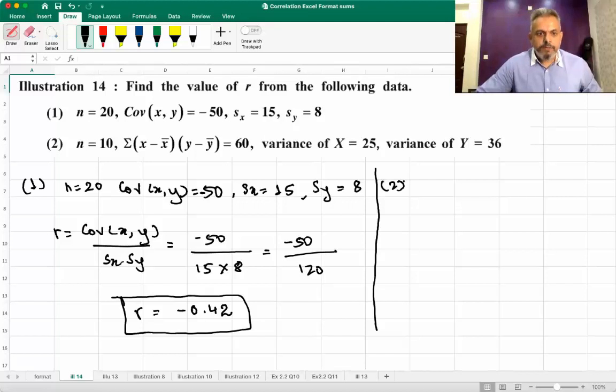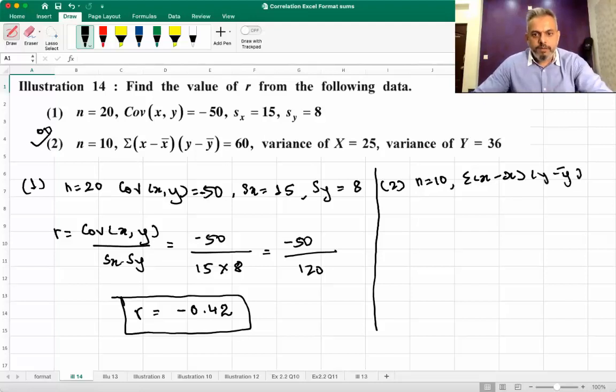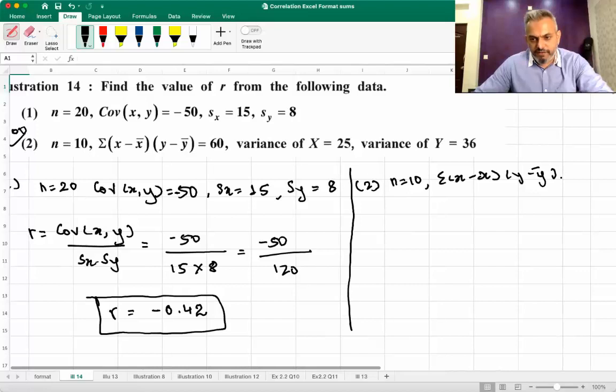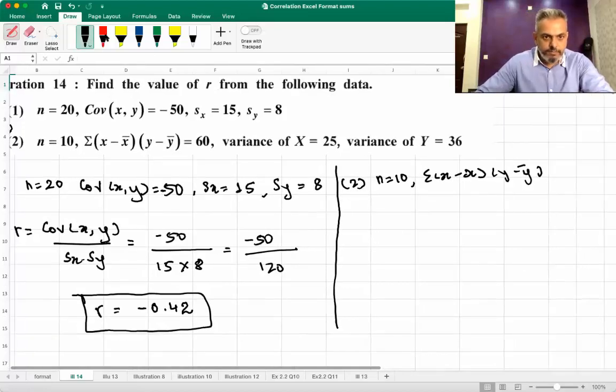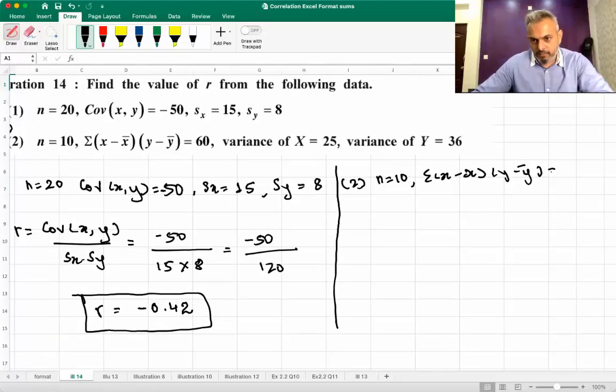Second one. N is equal to 10, sigma x minus x bar, this is a little tricky, so pay attention. Y minus y bar is equal to 60. Now, variance of x is 25.